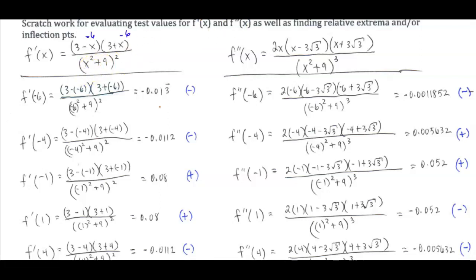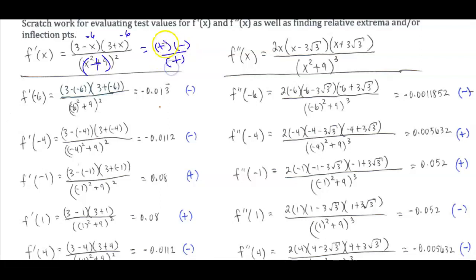So I can really ignore the denominator here because I know it's always going to be positive. In this case, the numerator, 3 minus a -6 is a positive 9, and 3 plus a -6 is a -3.